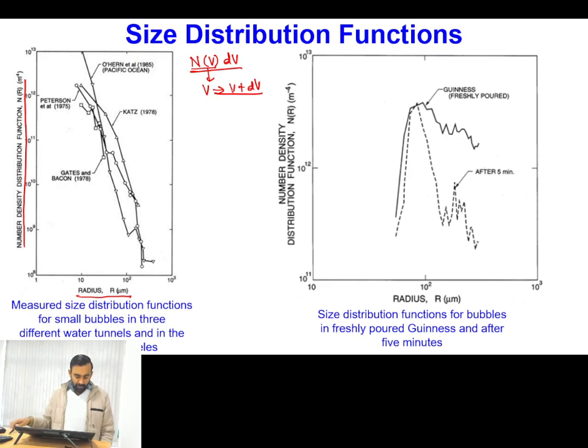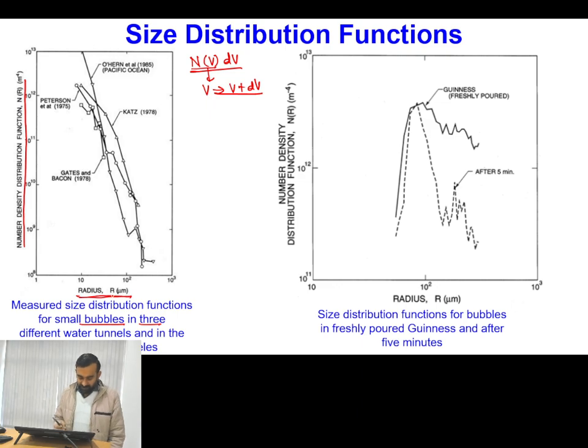Okay, so this is a sample size distribution function for small bubbles which are present in 3 water tunnels in the ocean. Here you can see this is the number size distribution function and this is radius.